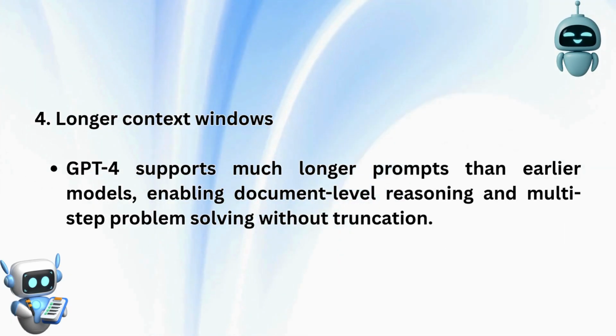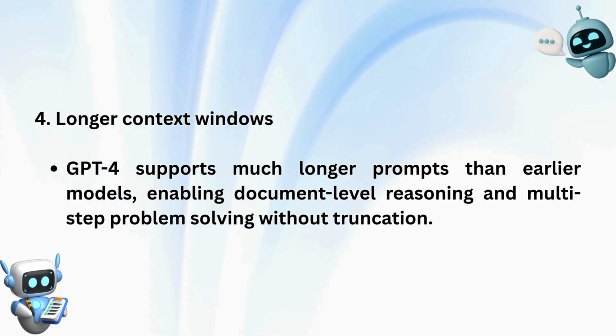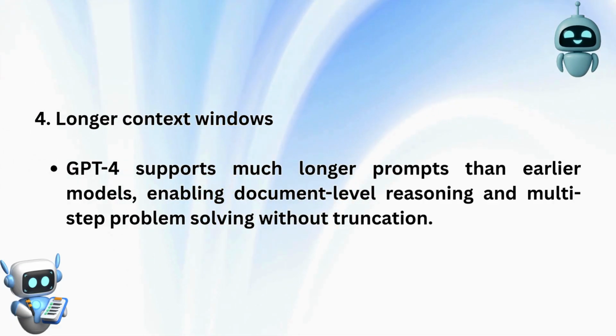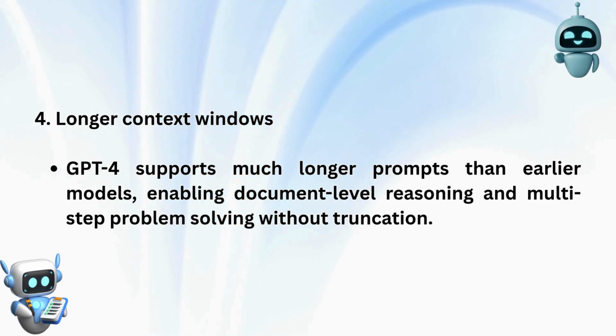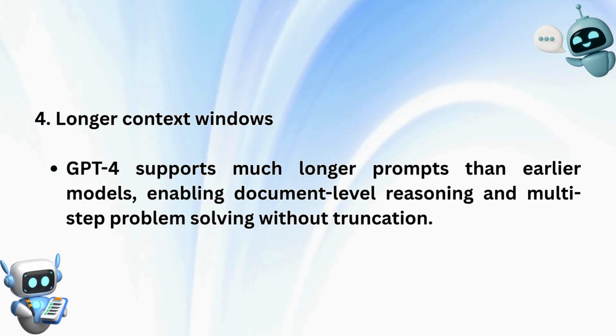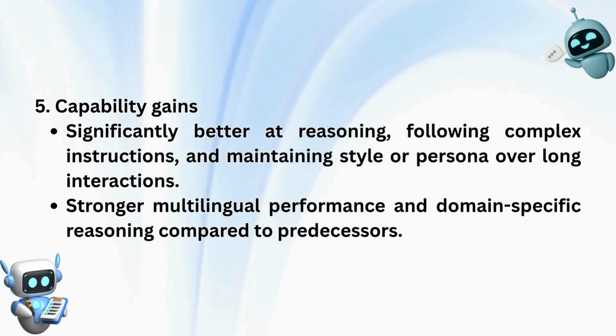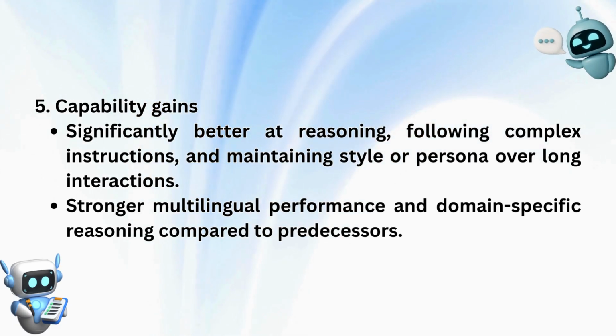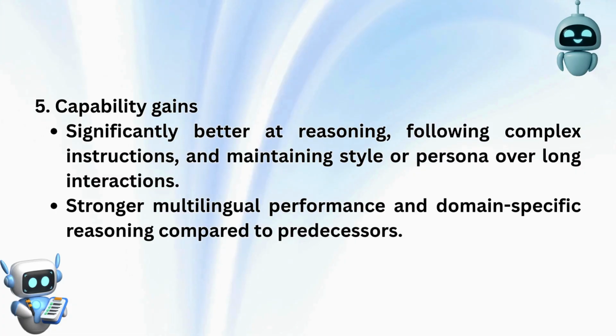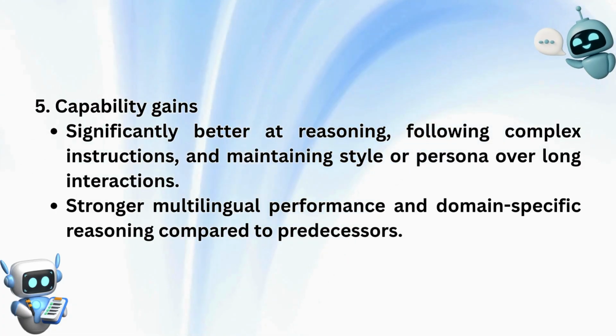4. Longer context windows. GPT-4 supports much longer prompts than earlier models, enabling document-level reasoning and multi-step problem-solving without truncation. 5. Capability gains. Significantly better at reasoning, following complex instructions, and maintaining style or persona over long interactions.